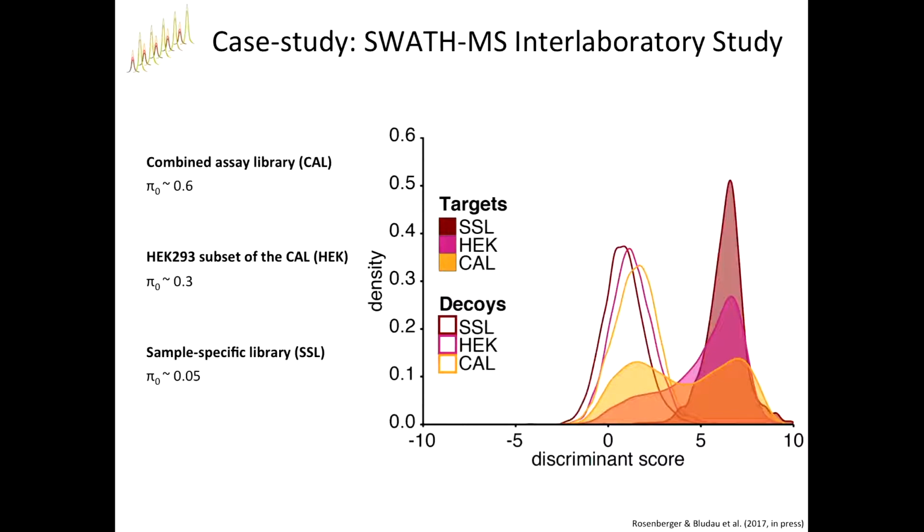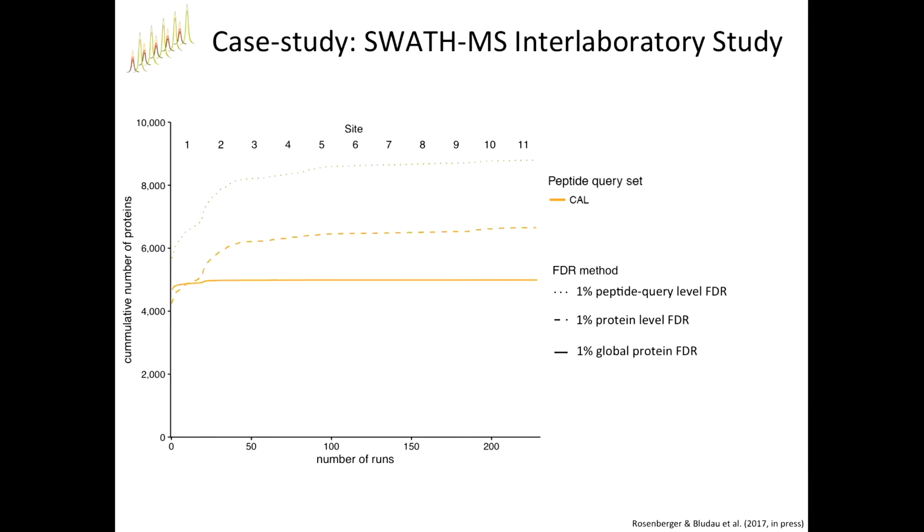When you go to a more sample-close library, which is the HEK library, then your fraction of false targets gets a little bit smaller. And if you use the sample-specific library, you basically don't have any false targets, and all your targets are detectable. So the effect that this has on the global analysis of this data set is quite drastic.